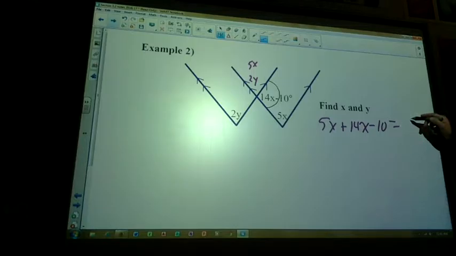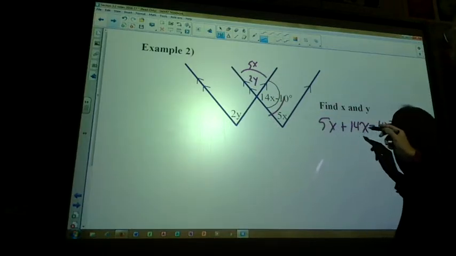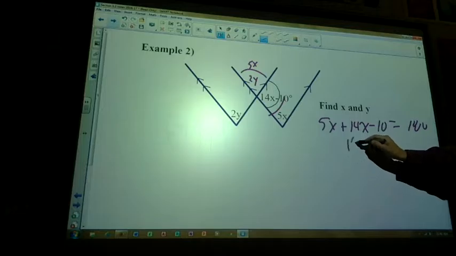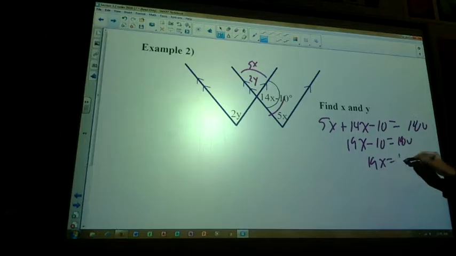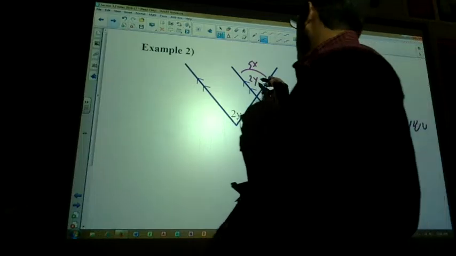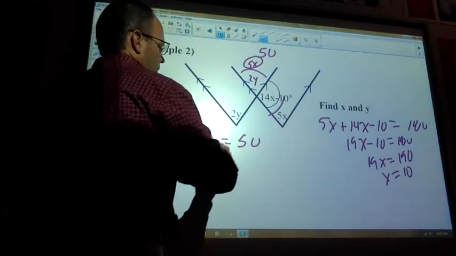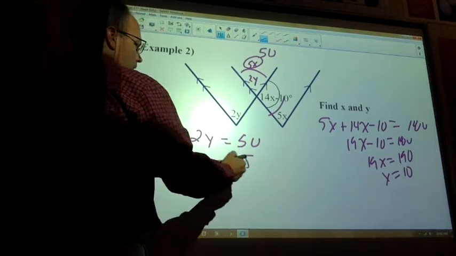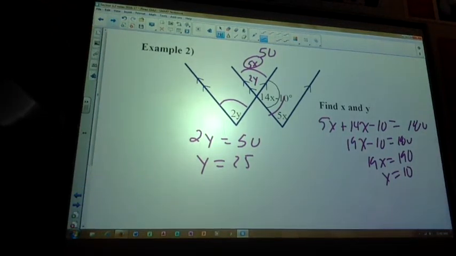But that's going to be equal to what and why? Because this angle and this angle would add up to be 180. 19x minus 10 equals 180. 19x equals 190. x equals 10. So if you knew that x is equal to 10, then you can make that 50. That would mean that 2y has to equal 50, which would then mean that y has to equal 25. And that means that one has to be 50 then. Sweet! So x equals 10 and y equals 25. I love it when my answers are the same as what's on the sheet.